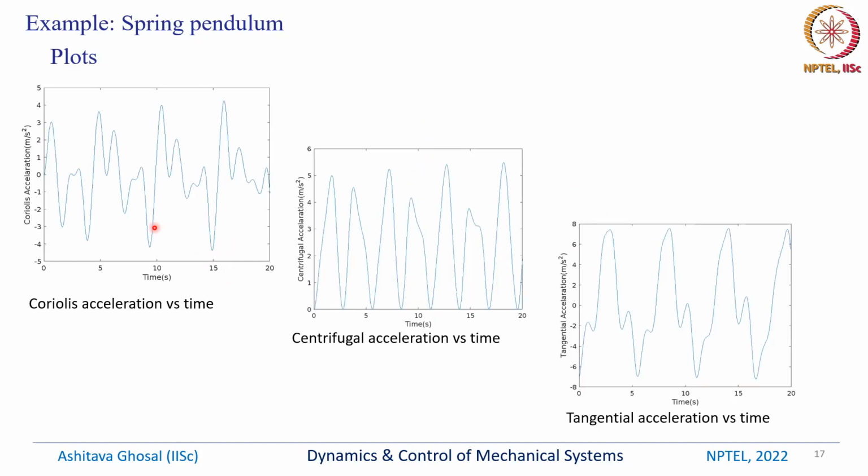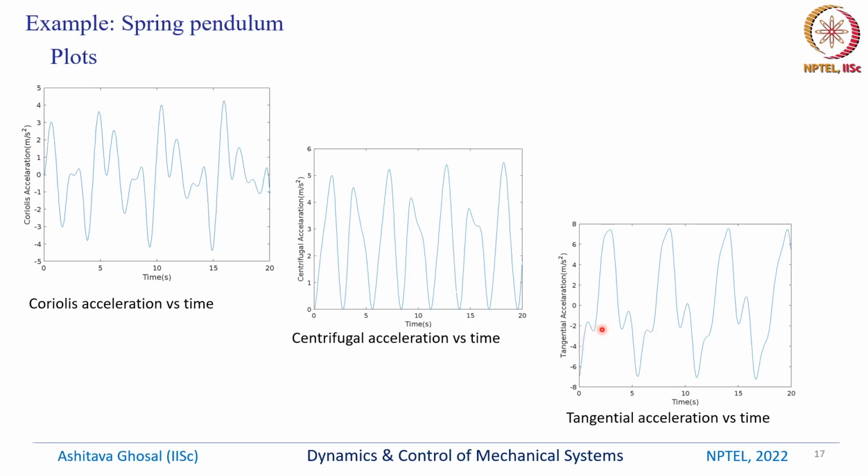And as I said, I want to plot the various accelerations just to get a feel for what kind of numbers we are talking about. The Coriolis acceleration from 0 to 20, which is the motion of this bob, looks like this. The centrifugal acceleration, which is r theta dot square, and this is 2 r dot theta dot, looks like this.